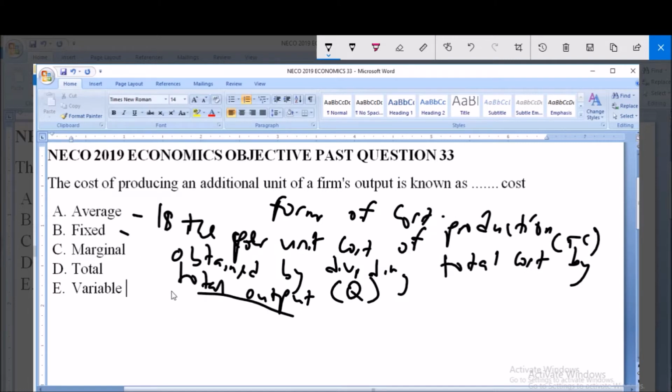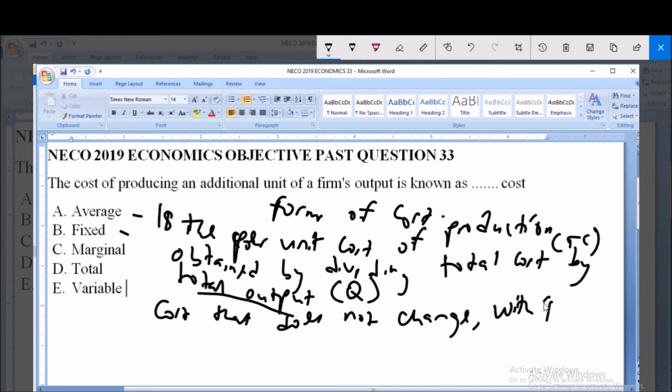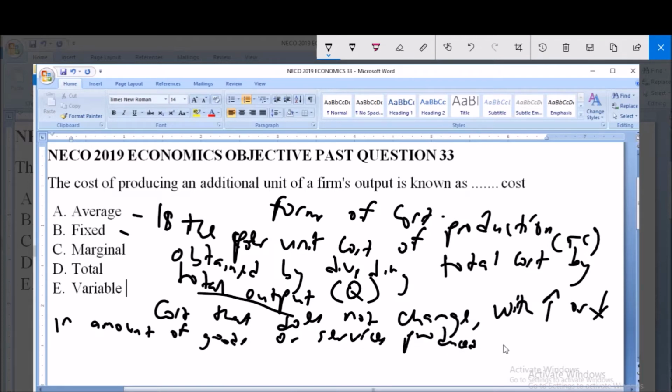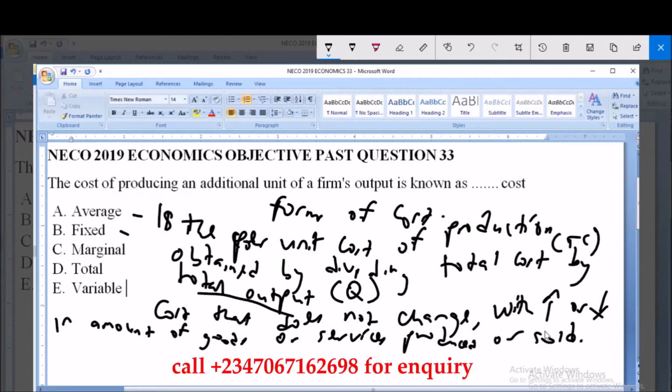Now for fixed cost, a fixed cost is a cost that does not change with an increase or decrease in amount of goods or services produced or sold.